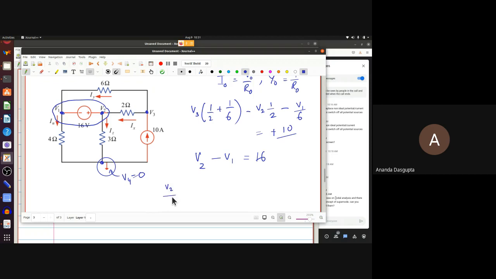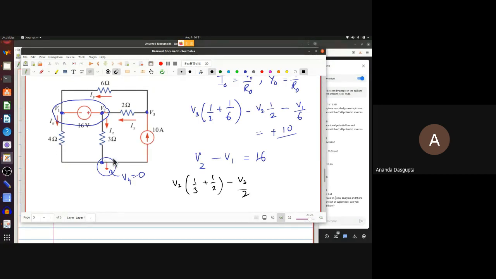Let's try to write down this equation first for the node V2. It will be V2 into 1/3 plus 1/2, minus V3 by 2, minus V4 by 3, but V4 is 0.